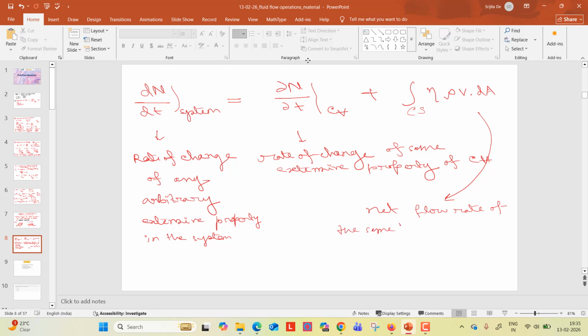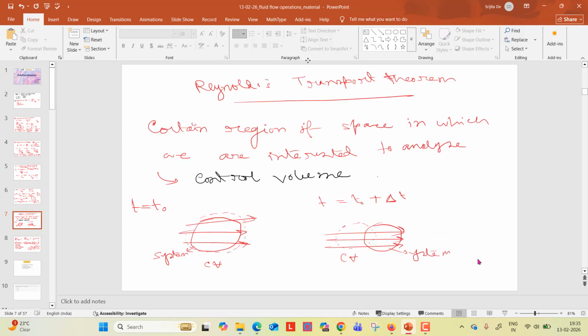Suppose we are considering mass as our extensive property, that is the net flow rate of this mass out through this control surface. So this is the Reynolds transport theorem represented in this form of diagram or schematic, if you call it.